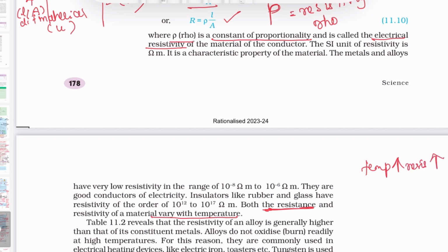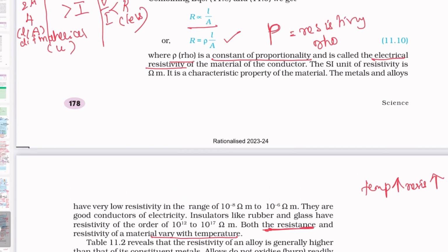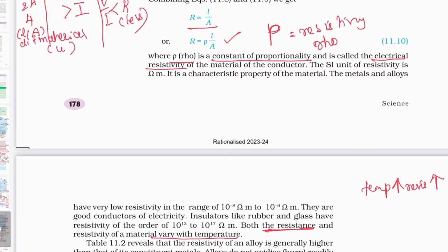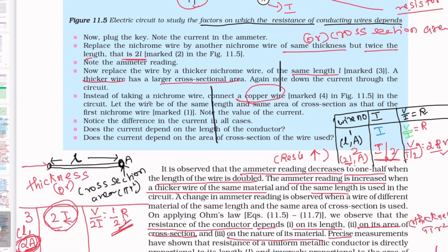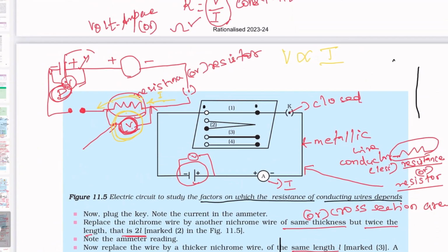That is the reason when we talk about Ohm's law, I said when you define Ohm's law, you should say temperature is kept constant, because temperature affects the resistance also. So this rho is called the resistivity. Hope this is clear, what is resistance and what factors the resistance depends upon. Hope this topic is clear.